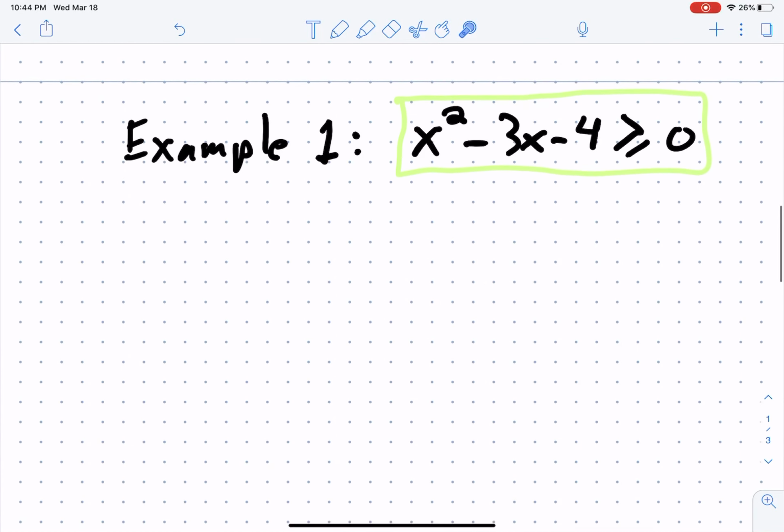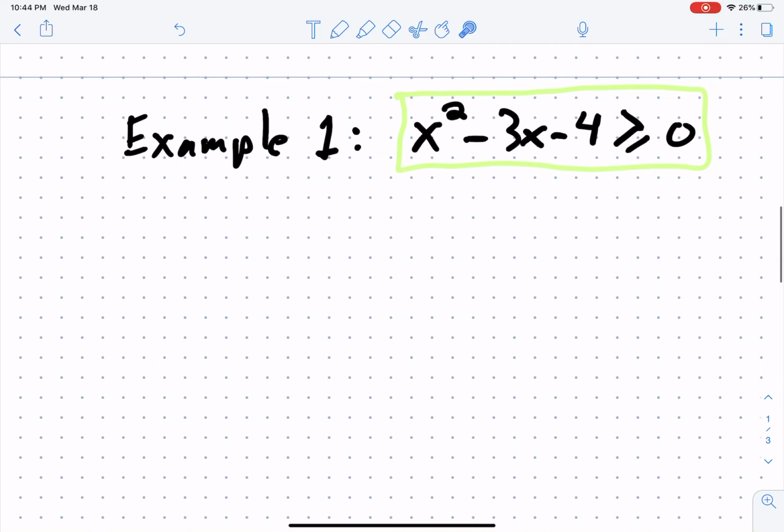So let's suppose that we are starting this example again. It says x squared minus 3x minus 4 is greater than or equal to 0. And we're supposed to solve this in the absence of any other instructions. And to solve it means give us some kind of list of all of the real numbers x that make this true. Okay.